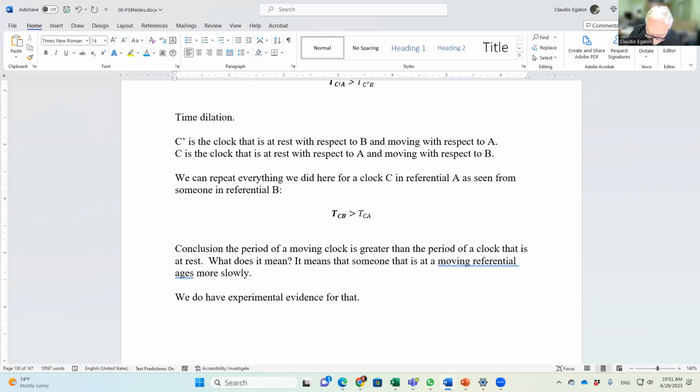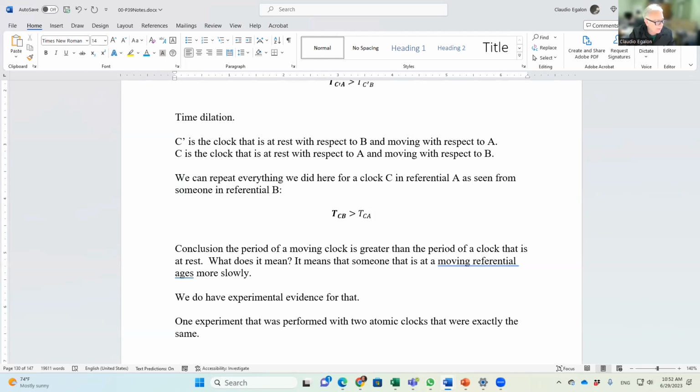One experiment that was performed used 2 atomic clocks that were exactly the same.